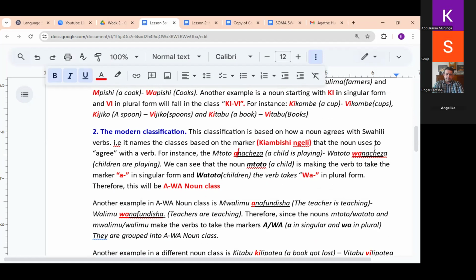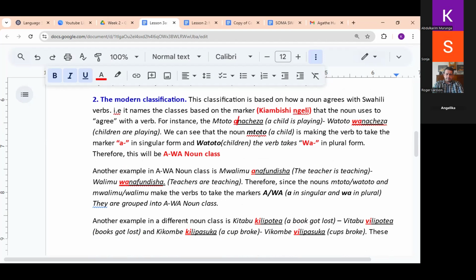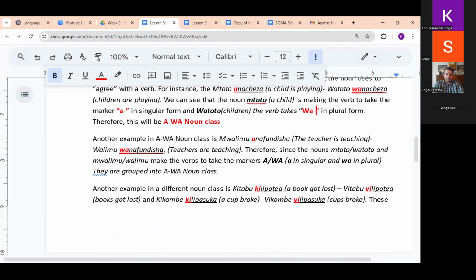In Swahili we can say ngeli ya a-wa. Mtoto makes the verb take the marker a in singular form, and watoto, children, the marker wa in plural form. So this is the a-wa noun class. Another example: mwalimu anafundisha, the teacher is teaching.